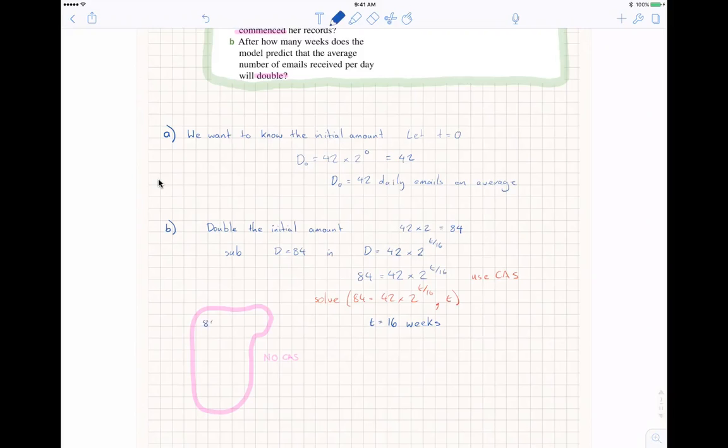So if we'd done it without CAS, we would have had 84 equals 42 times 2 to the T on 16. Might divide both sides by 42 so that we end up with 2 equals 2 to the T on 16. At this point, we might note that we've got powers of 2. We've got 2 to the power of 1, and that's equaling 2 to the power of T on 16.